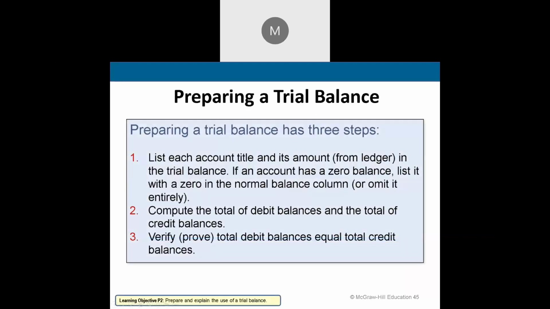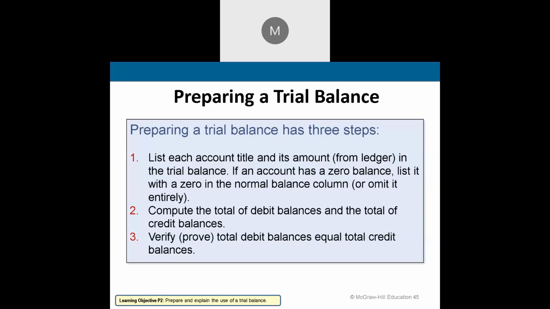So, oftentimes what we do in accounting is we need to make sure that we're right. Okay, it's easy to make an error. And so what we do is we prepare what's called a trial balance. We list out all of our accounts on the chart of accounts. Okay, list them all out in order.